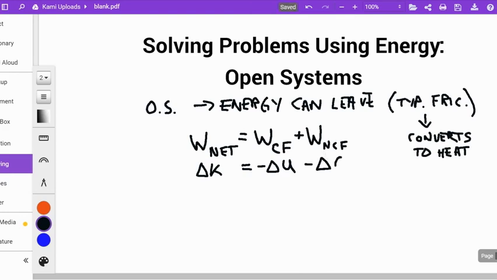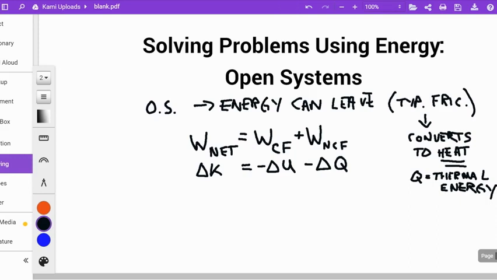I'm going to use the symbol Q. And Q is heat, thermal energy. It's just another word for heat, right? That is a form of energy, but thermal energy is not mechanical energy, because it's not potential and it's not kinetic.